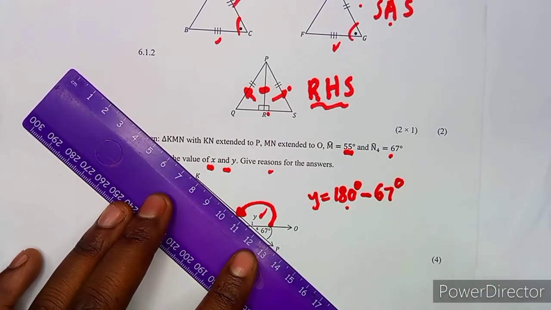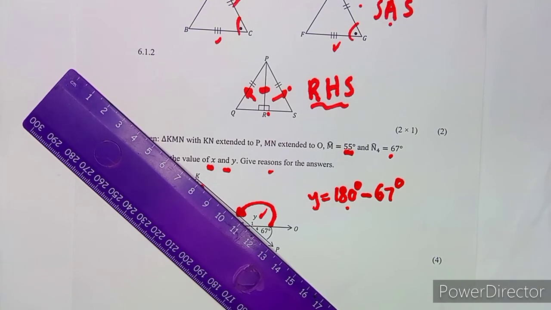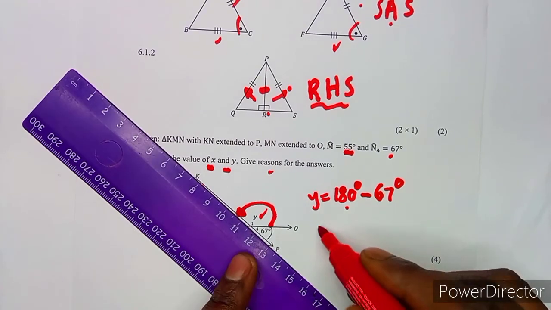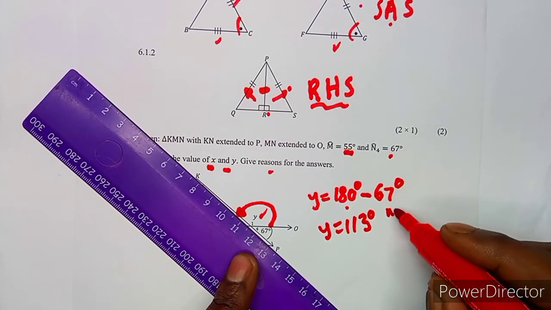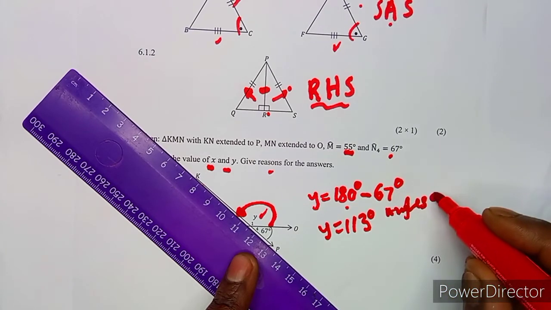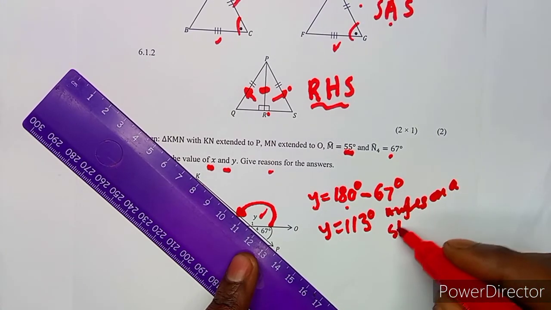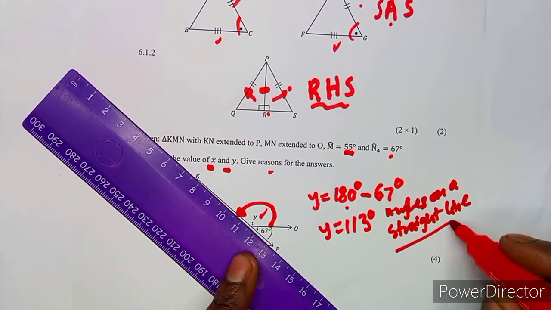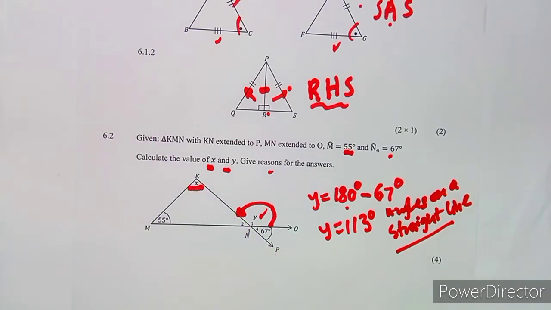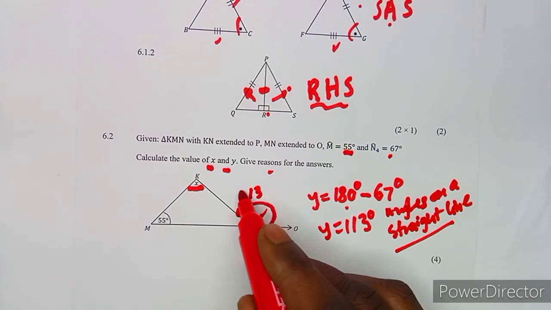So the reason you're going to write is angles on a straight line. This is going to give us 113 degrees. We have got the value of y, which is 113 degrees.